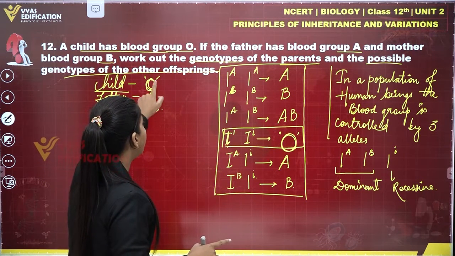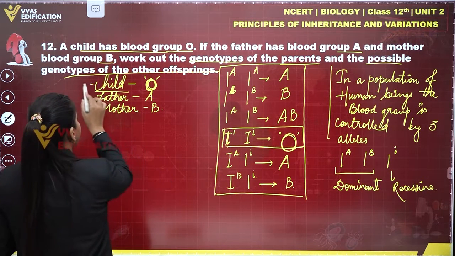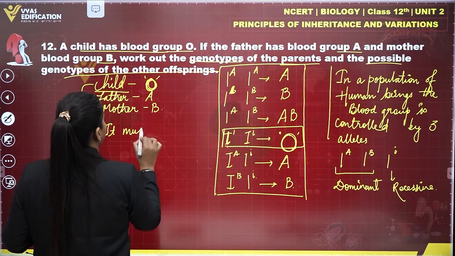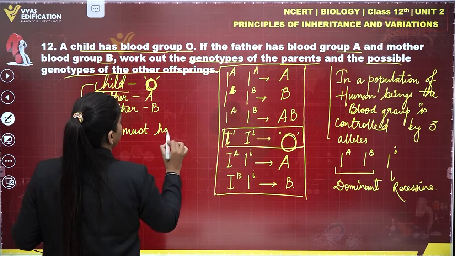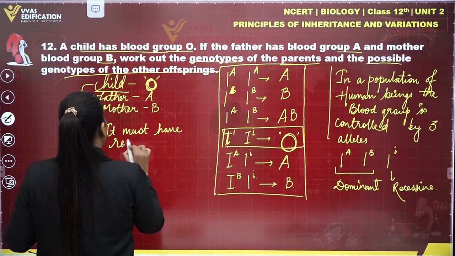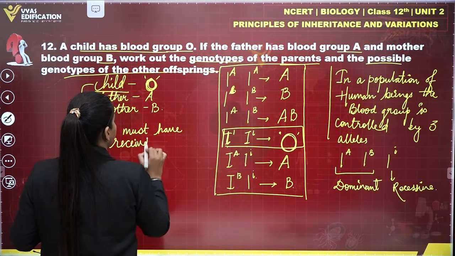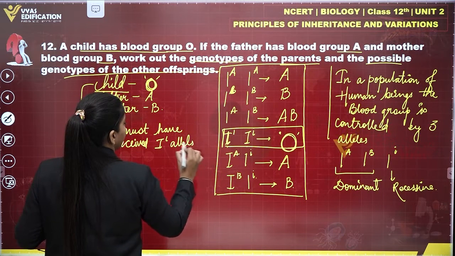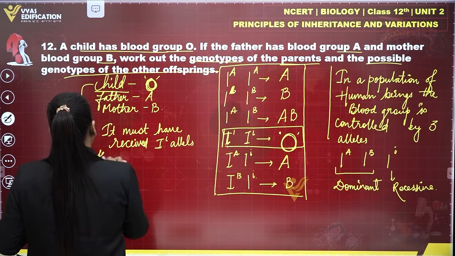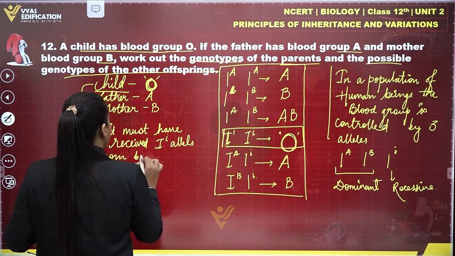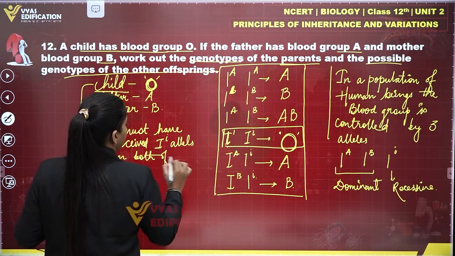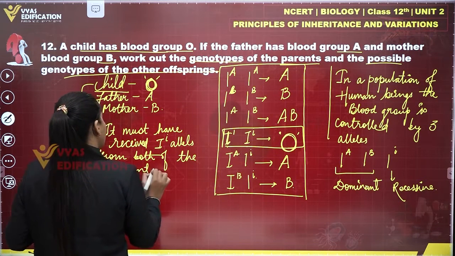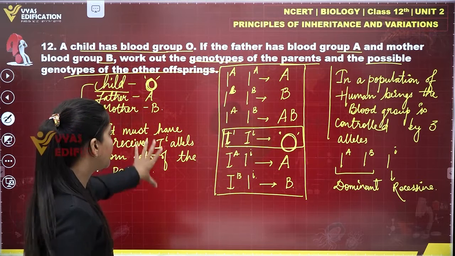If the blood group of this child is O, then it must have received i alleles from both of the parents. Then only is it possible to have blood group O. Alright, so this is the answer.